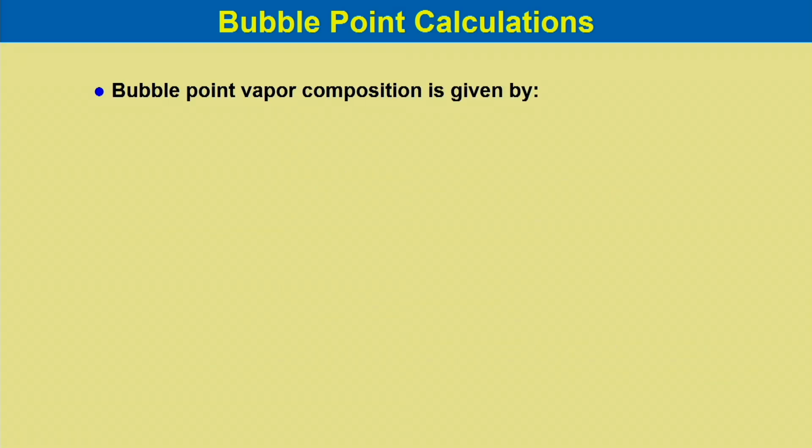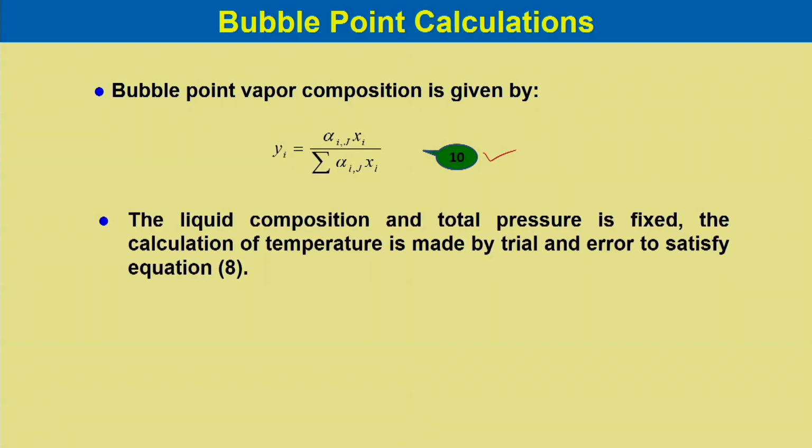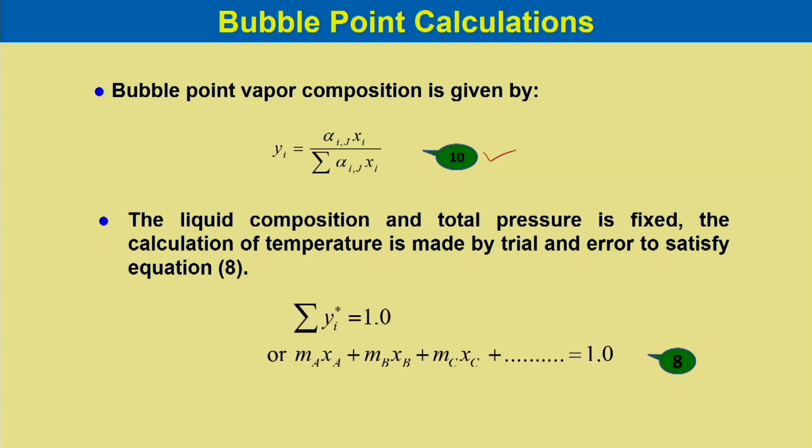Bubble point vapor composition is given by yi, which is equal to alpha ij xi divided by summation over alpha ij xi. This is equation 10. The liquid composition and total pressure is fixed. The calculation of temperature is made by trial and error to satisfy equation 8. So, trial and error method has to be followed to satisfy this equation.